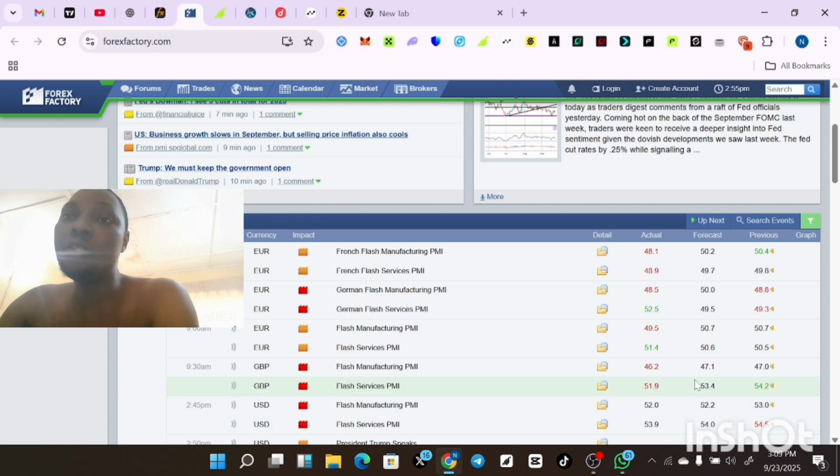So if the news is released, let's say we have news by 1:30, and the news comes out with this red number here, it means that that currency is weak on that news.